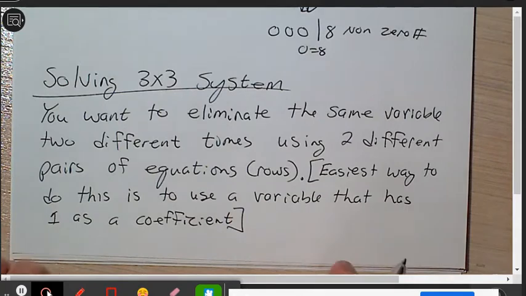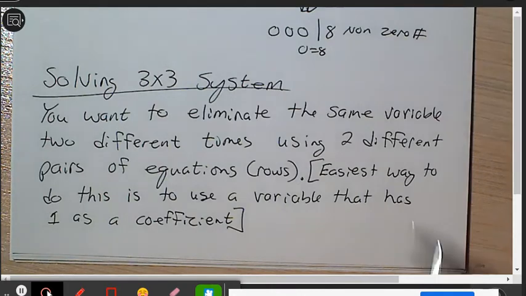Sometimes you may only have one variable that's got 1 as a coefficient. Sometimes all 3 variables may have 1 as a coefficient. If that's the case, then you've got all kinds of options you can do on these.